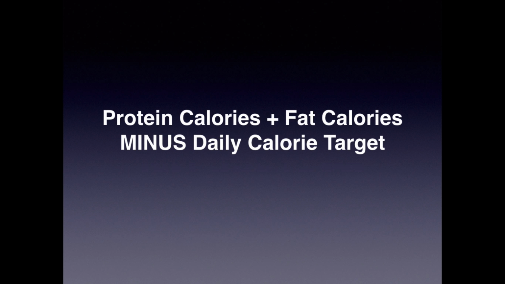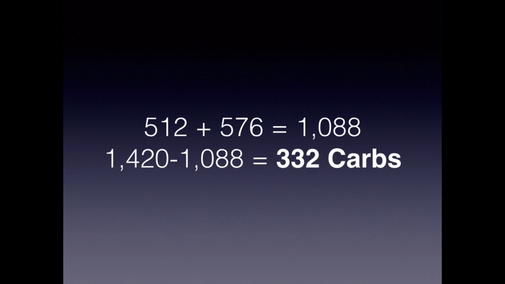Take the protein calories plus the fat calories and subtract that figure from your total daily calorie target. 512 was the protein, 576 was the fats, that equals 1088, and the daily calorie target for this person was 1420. Just a note, that's including a 500 calorie deficit for this person.